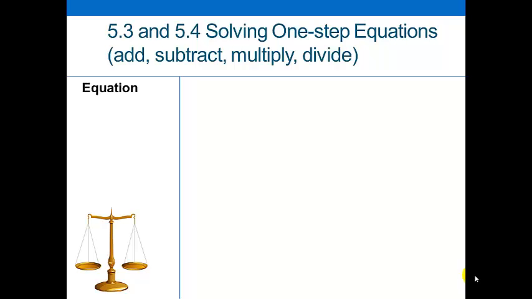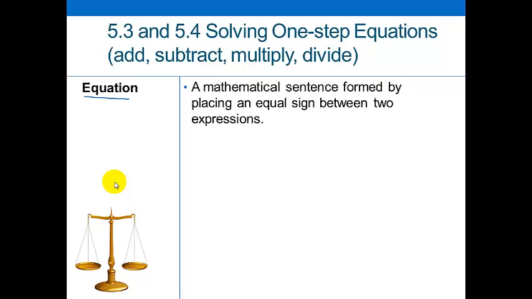And I kept this picture down here at the bottom left because the most important thing about an equation is that it needs to stay equal. Okay, and then again, that's kind of your clue. So like this scale would need to stay balanced.